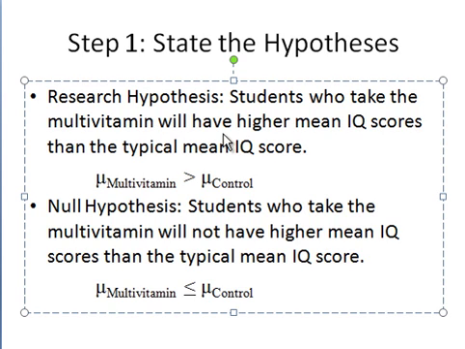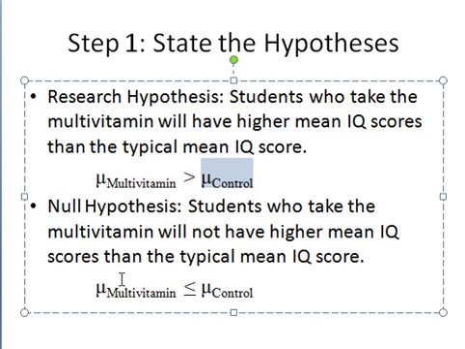So hopefully this is what you've come up with for the research and null hypotheses. The research hypothesis states that the multivitamin is going to increase IQ scores, essentially. The mean IQ scores will be higher for students who take the multivitamin, so we have a mean here, and I have multivitamin in subscript, because that's who we're talking about. It's going to be higher than the control condition, or those who don't take the multivitamin, or in this case, the average IQ scores.